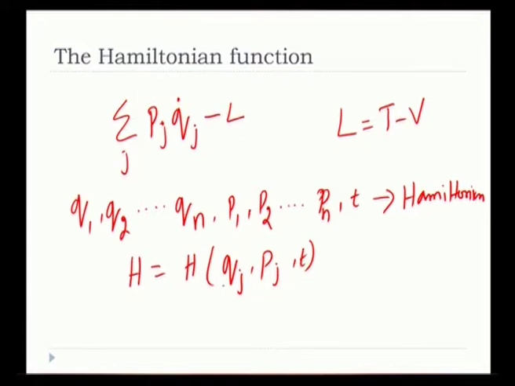So, Hamiltonian is a function of momentum, time and the generalized coordinate, which is equal to summation over j qj dot into pj minus L. This is how the Hamiltonian function is defined.